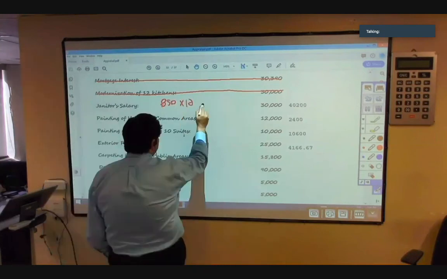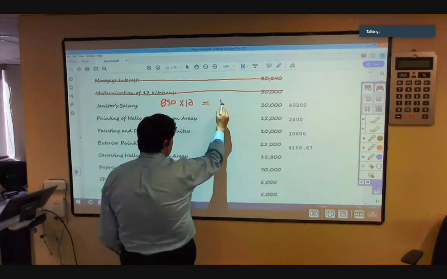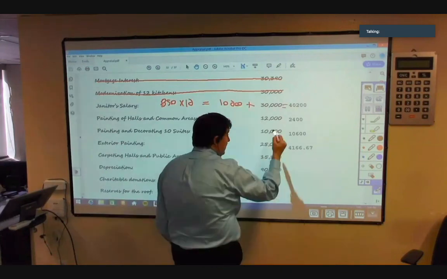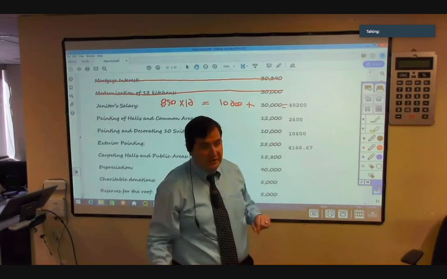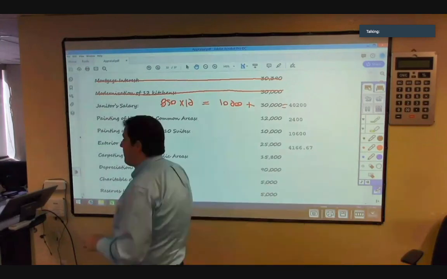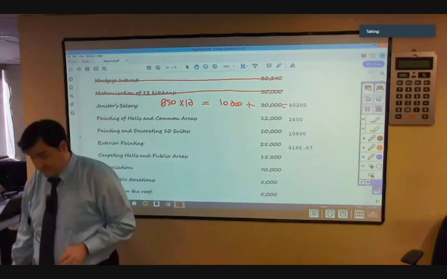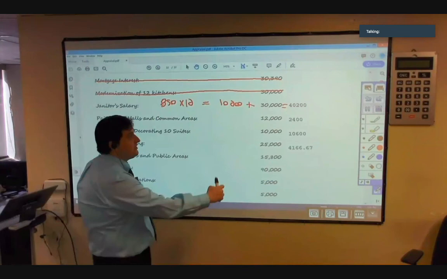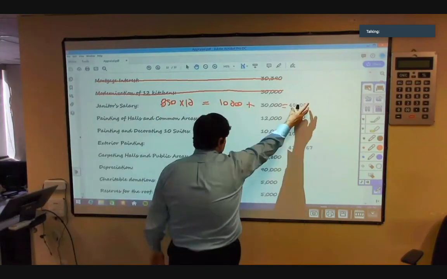So 850 multiplied by 12 is going to give you 10,200, plus 30,000. So the janitor's actual salary is 40,200. It's not 30,000 because he's getting a free unit. You have to adjust it to 40,000.